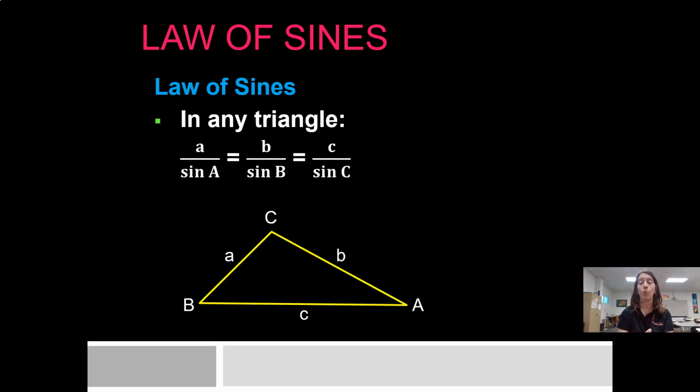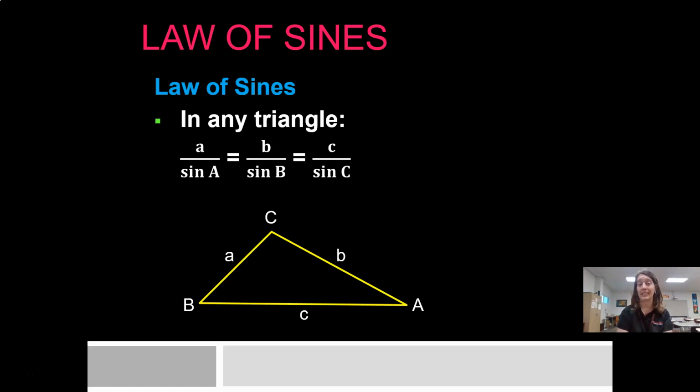Notice in the triangle, we have 6 different pieces that have letters located on them. And how they're labeled is going to be a big difference in the question. Notice we have 3 capital letters, A, B, and C. Notice where those capital letters are at. They're the angles. You're always going to use capital letters when it comes to angles in our problem.